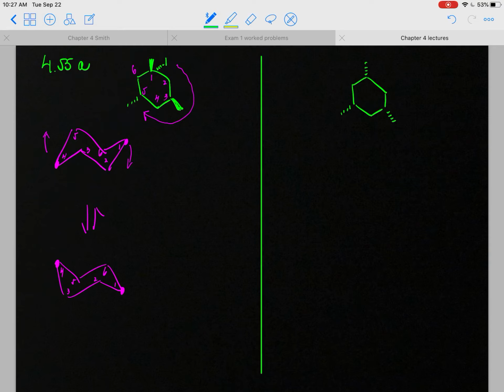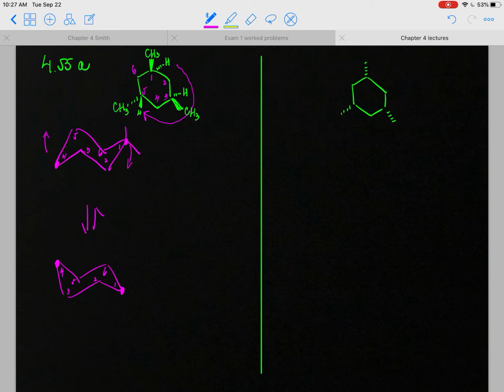It may be helpful to draw the hydrogens that are missing. And these groups just hanging out to outer space as a wedge or a dash are actually your methyl groups, right? So let's go ahead and start positioning things.